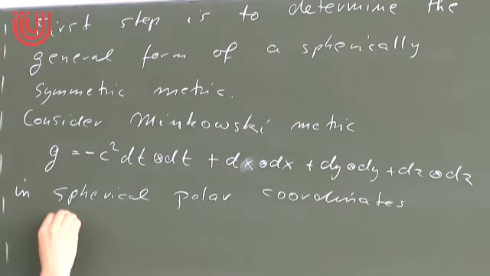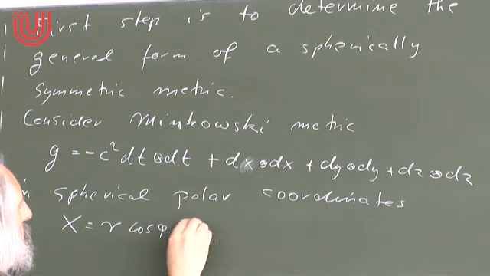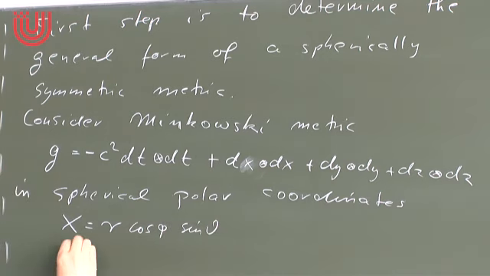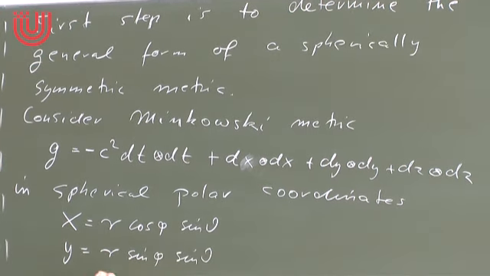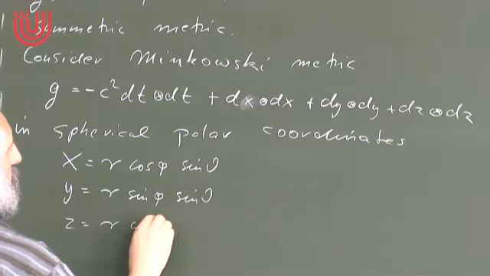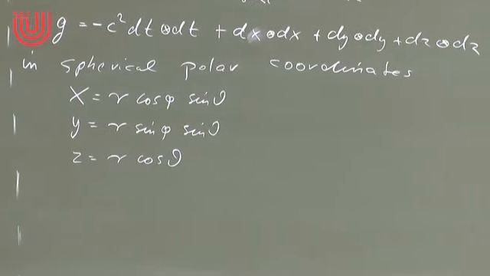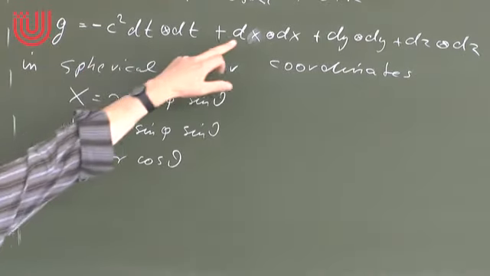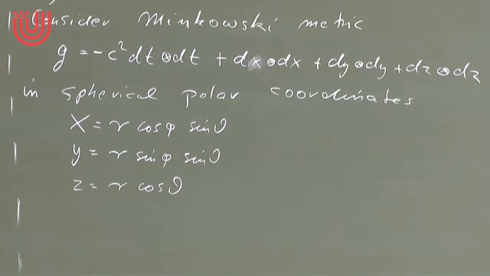Spherical polar coordinates are x equals r cosine phi sine theta, y equals r sine phi sine theta, and z equals r cosine theta. From this we can easily derive the differentials dx, dy, dz. This is not affected. t remains what it was.